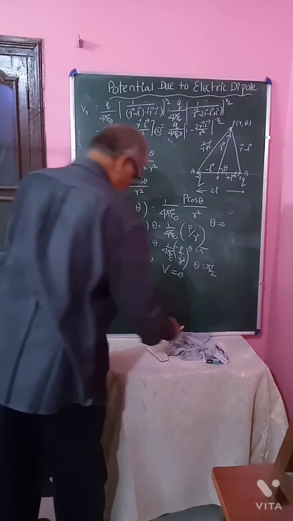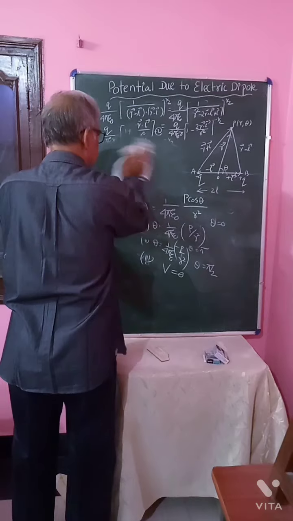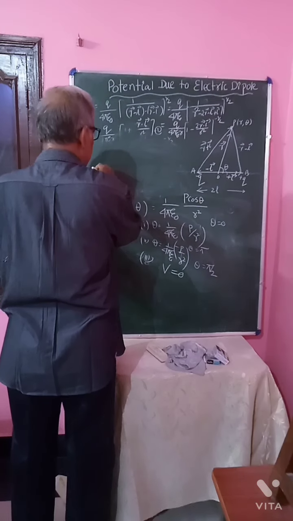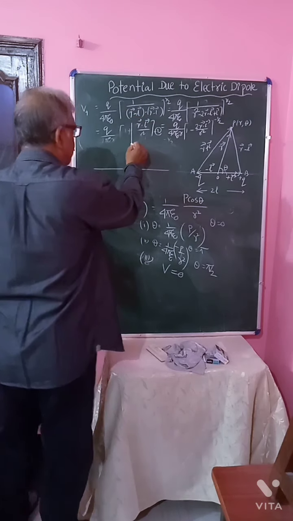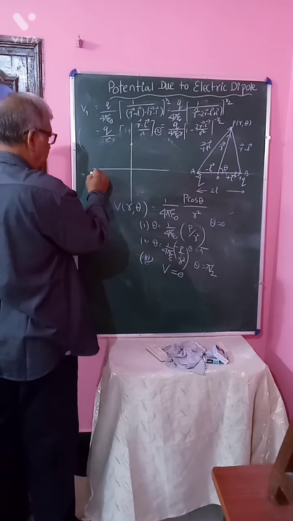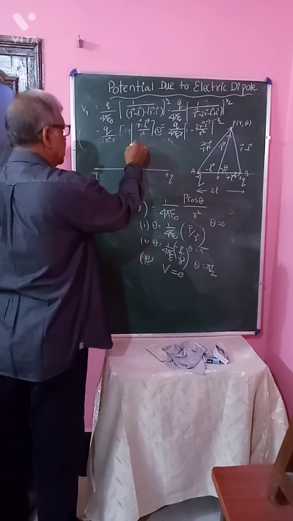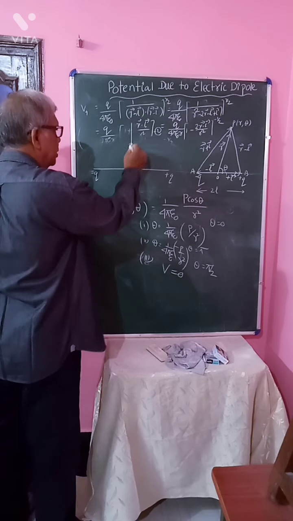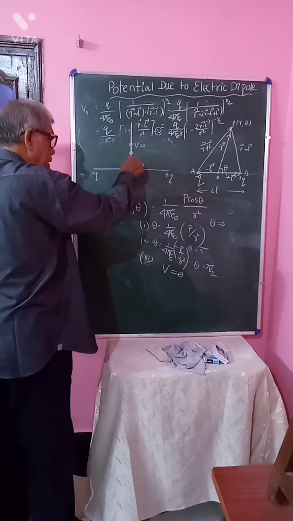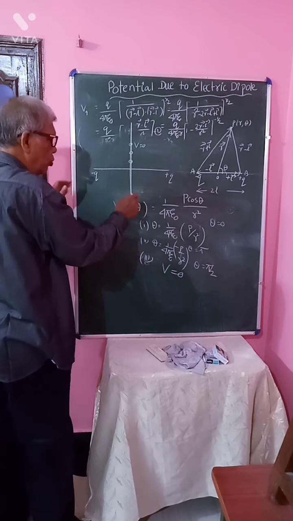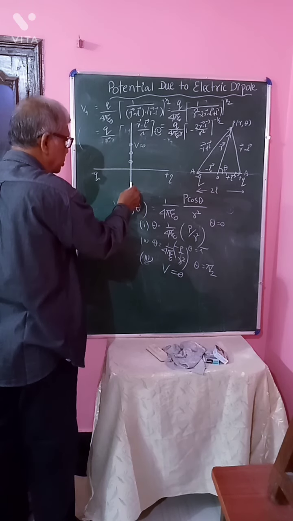That is, if you consider the perpendicular bisector of the length of the dipole, at any point you consider the potential is 0. So this is an equipotential line, and no work is done in transferring a charge along this line.